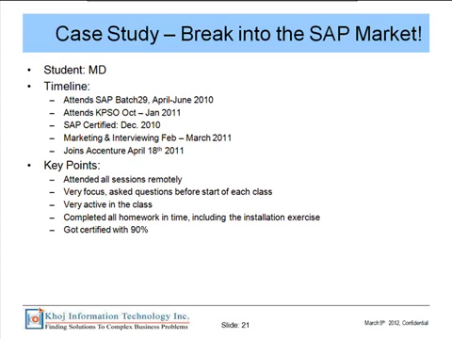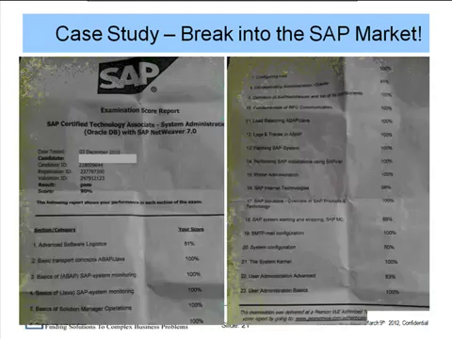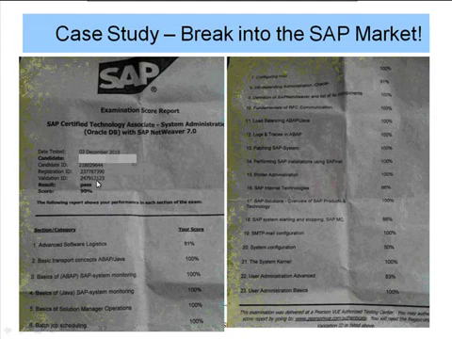So, just an example of an individual just like yourself. I don't know everyone's background, but she wanted to learn, wanted to move on, and Accenture is a top-notch job to have. This is her certification results. I've blanked it out, but 90+%, took it in December.